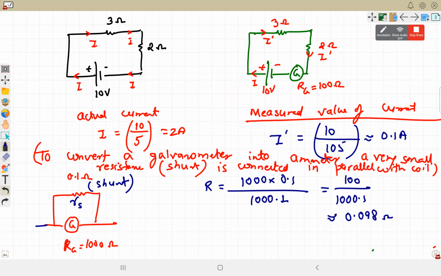Just rearrange all the Ig terms on one side. I will become Ig times Rg plus Rs divided by Rs. The total current will be Ig into Rg by Rs plus 1. I comes directly proportional to Ig and Ig is proportional to theta. So by that logic, we can use this current Ig.